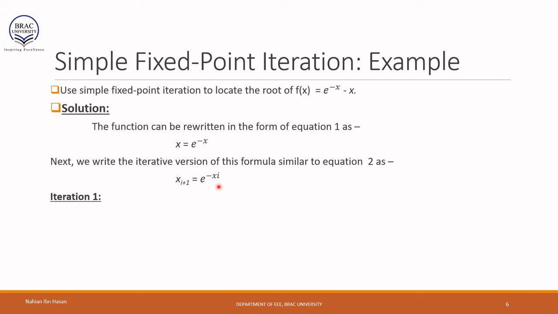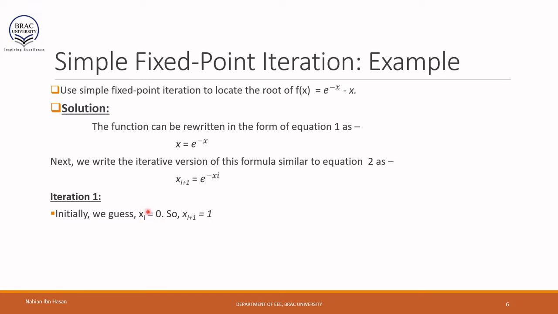But since simple fixed point iteration is an open method, and open methods always require a single starting point, we specify a single starting point x i, which is 0. It is an initial assumption. It can be anything you like. You might set it to 5, 100, or 20, whatever it is. But initially we have to specify a single point.